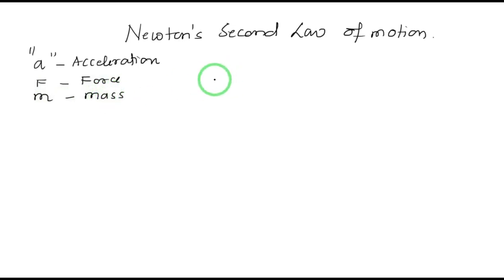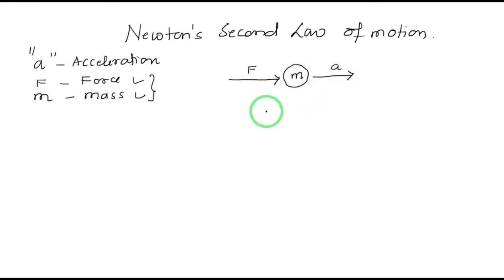What Newton said is that acceleration is dependent on force and mass, which means if you change either force or mass, the acceleration also will change. Let's say there is an object of mass m and F is the force applied on that object, and let us suppose the object is moving with an acceleration of a meters per second squared.